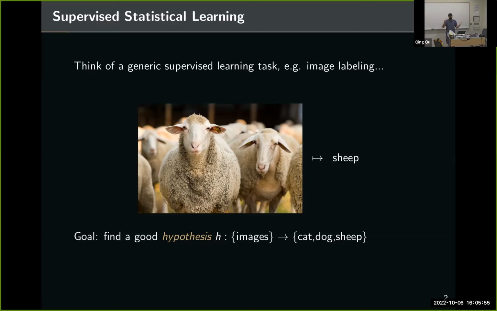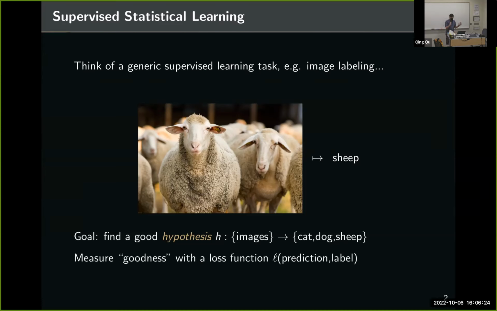So, what kind of animal is in an image? We want to find a good hypothesis. How do we measure that goodness? That's what loss functions are all about: how to measure, well, badness. The loss function we'll think of as taking a prediction and a label, and you want to measure how good or bad that prediction was given that label.